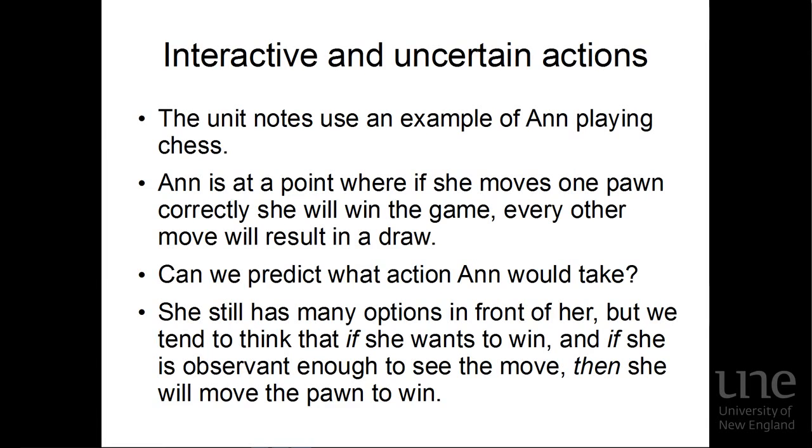But if we know that, then we also know that any other move other than the pawn will be rational for Anne. She is predictable as long as we know her desires, and if Anne actually is rational and observant enough to realize what's going on. She understands the rules of the game, and she can understand each move's ramifications.